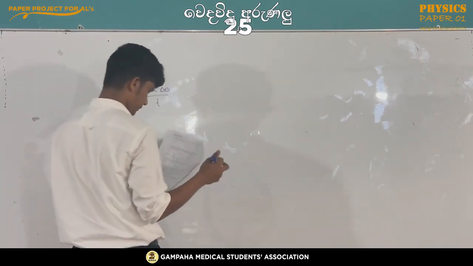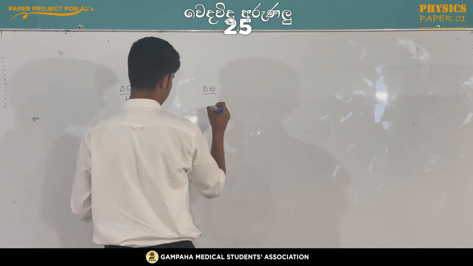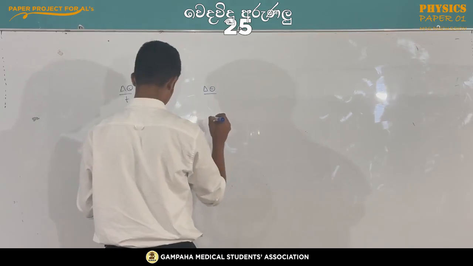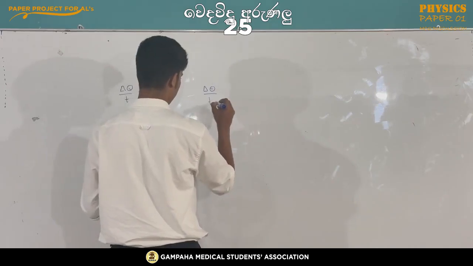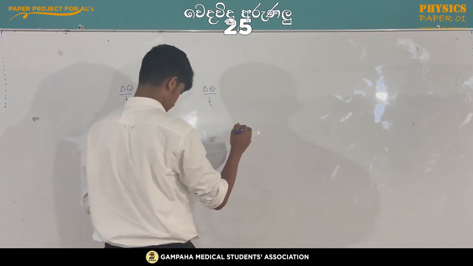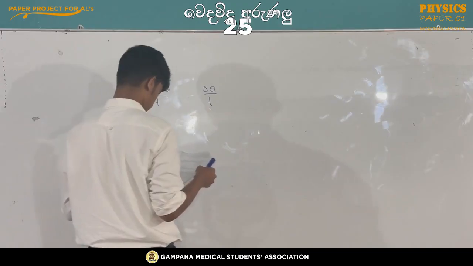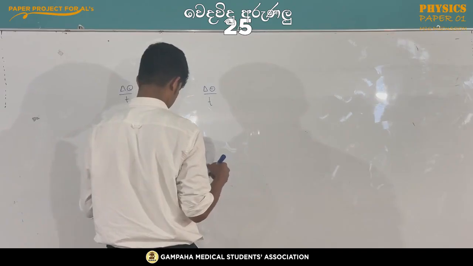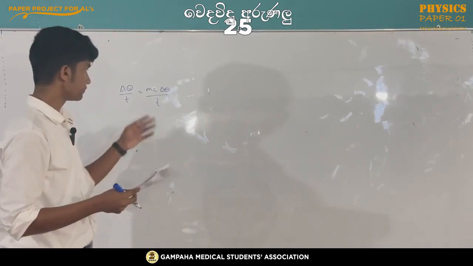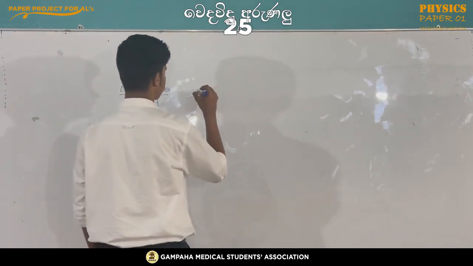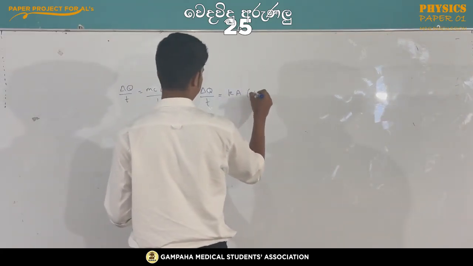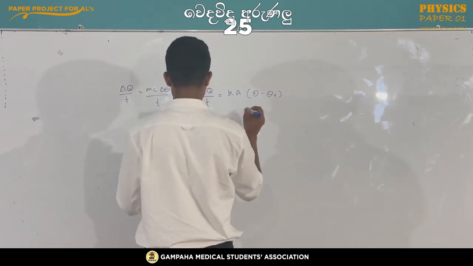Then we also know that delta theta over t is also equal to... So in this question we can use this expression, and then we can also use the expression where delta Q over t is equal to K A (theta minus theta r).